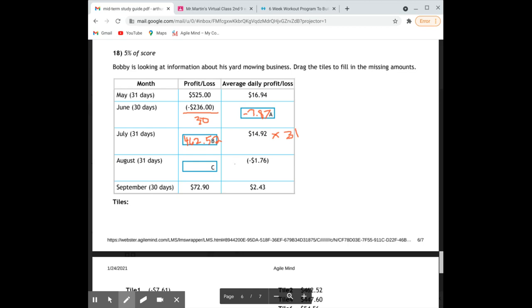All right, good. Looking at this next one, Miss Harmagine, what would you do to figure out the profit or loss in August? I don't know. All right. Help her out, Nevaeh. What would you do?